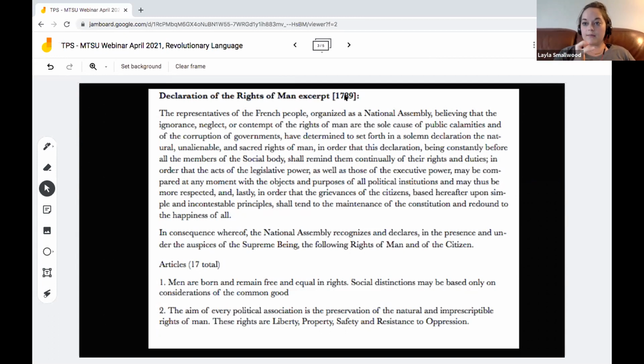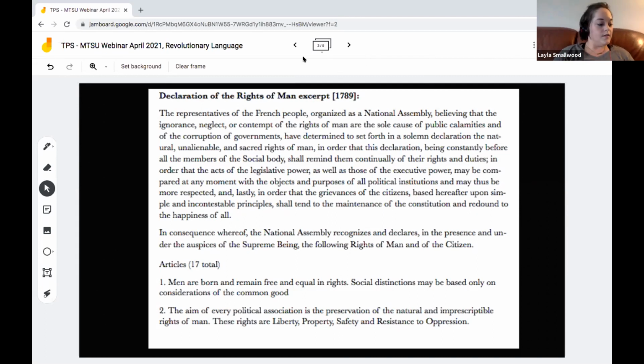So when you break these documents down with your students on this timeline, and you have the Declaration of Independence in 1776, and you have the Declaration of Rights of Man in 1789, you'll see this revolutionary language is not just an American concept, right? We see these revolutionary concepts are something that's also happening in other parts of the world.